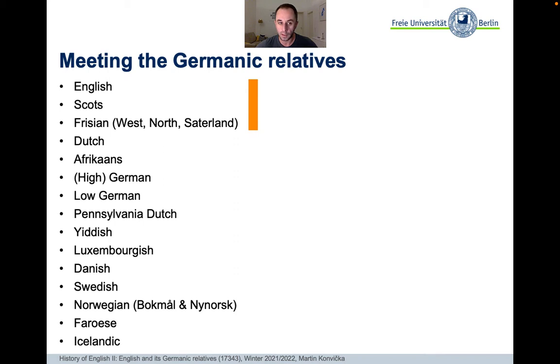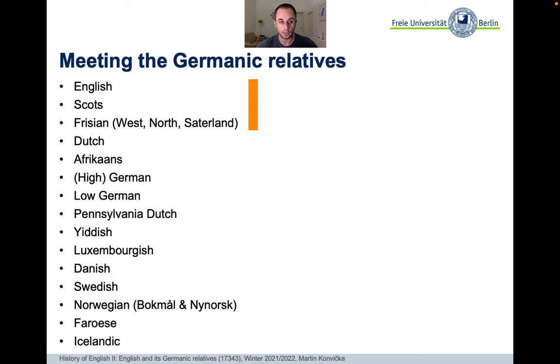That's English, Scots, and then the Frisian languages. I say Frisian languages because Frisian is basically an umbrella term for different varieties that are not mutually intelligible. And that is West Frisian, which is the official language of the province of Friesland in the Netherlands.